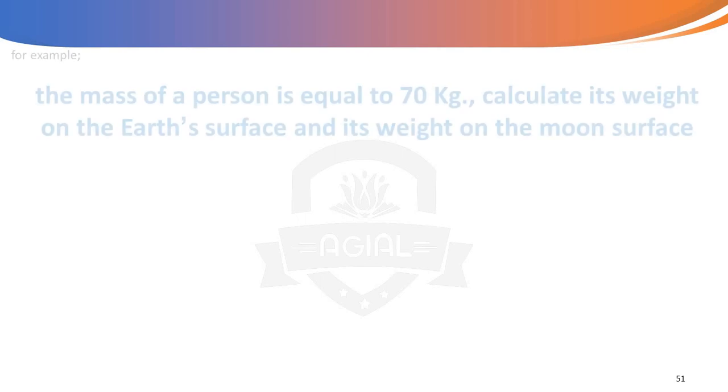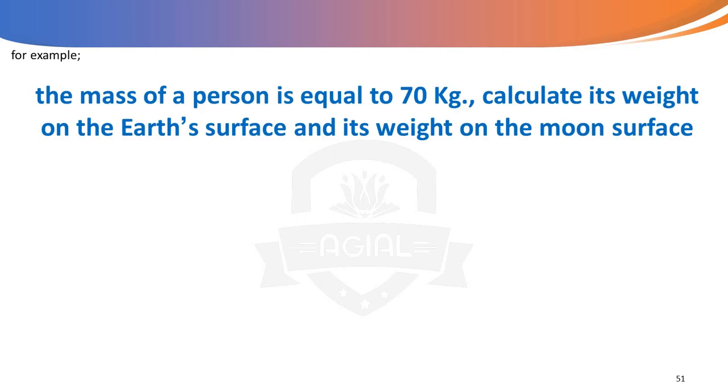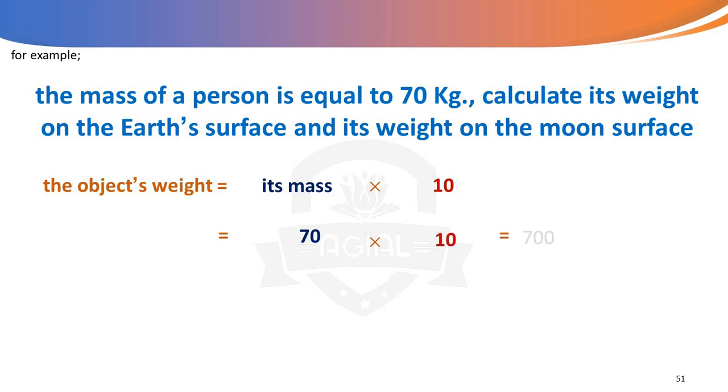Let's see an example. The mass of a person is equal to 70 kilograms. Calculate its weight on the Earth's surface and its weight on the Moon's surface. Firstly, we will see the object's weight on the Earth. It will equal its mass times 10, equal 70 times 10, which equals 700 Newton.